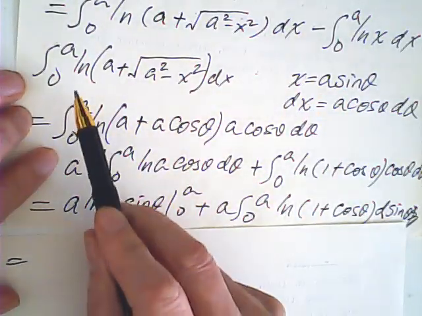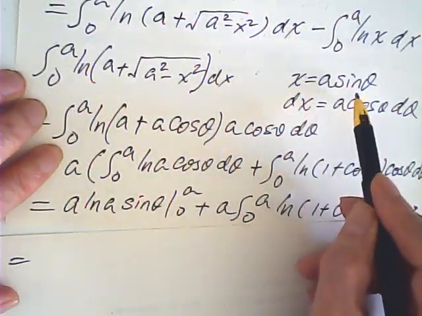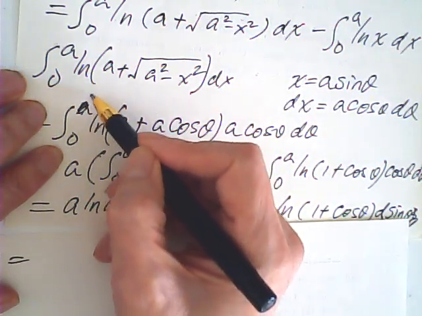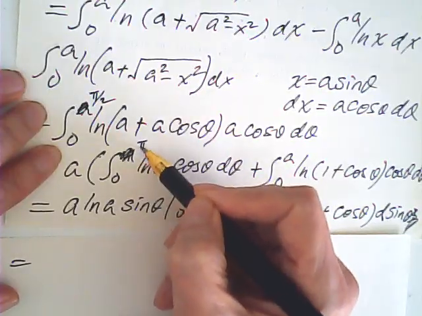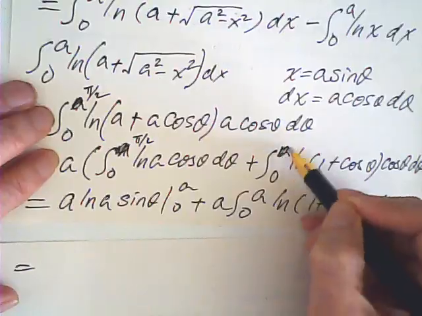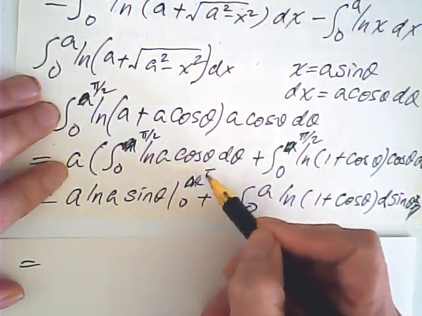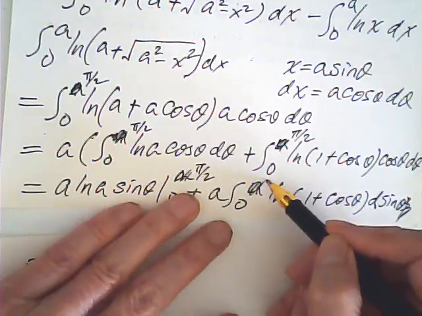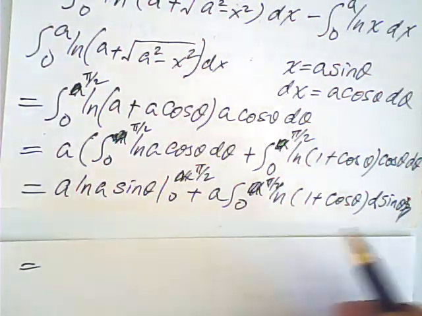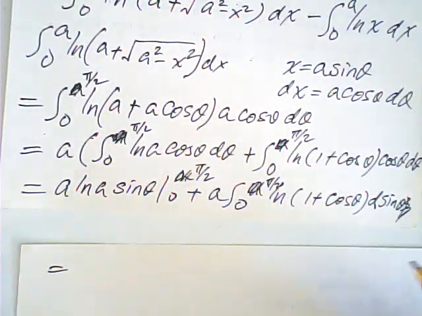When x equals 0, theta is 0. When x equals a, theta is half pi. Sorry, there's a mistake. We learn from mistakes anyhow, don't we? So this is half pi. It's an obvious mistake, and a nice mistake to learn from.